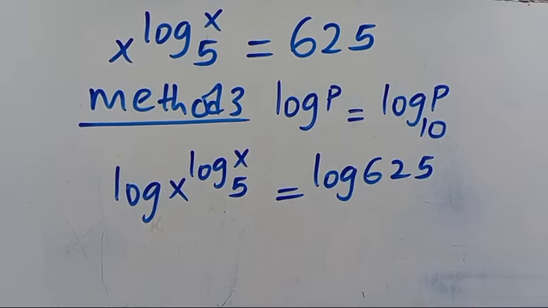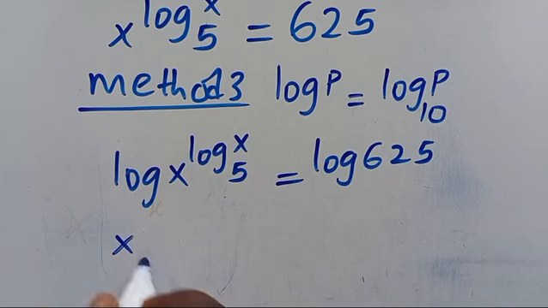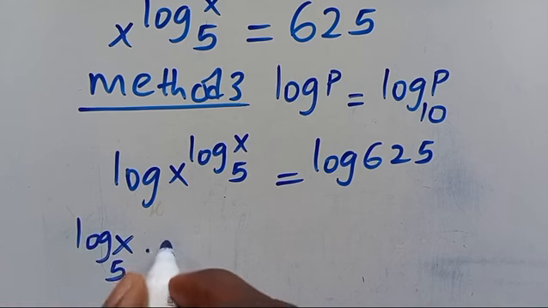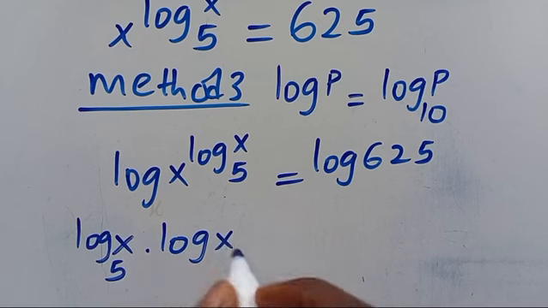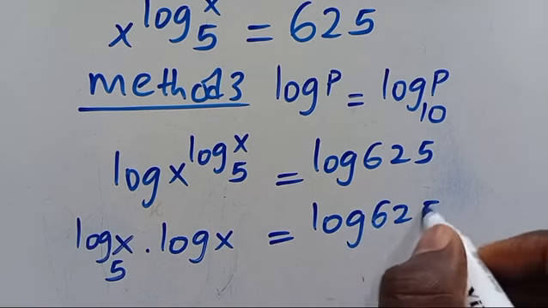So from here, this power will come down as log x in base 5 multiplied by log x. This will come down as this multiplied by this equals log 625.